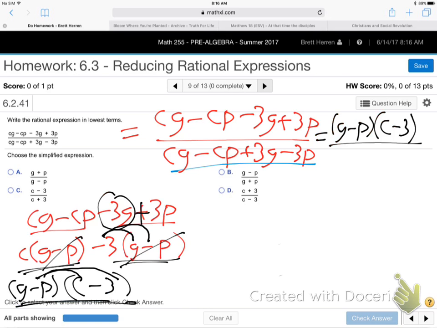So go ahead and do the bottom. If you haven't done the bottom all the way, finish the bottom. It's the same kind of thing. 4 terms, do first 2, last 2, take out what's in common, and then put them all together after that.